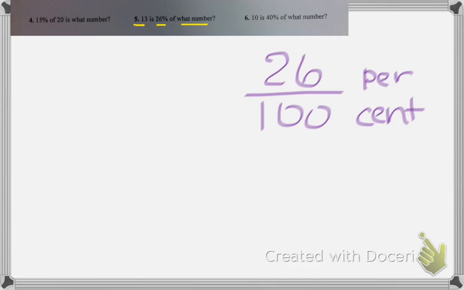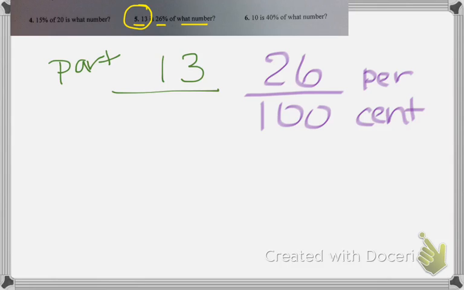Then it says 13 is 26%. So if they're telling you that this number 13 right here is a percentage, then they're telling you it's not the whole thing. That's how you know that 13 is the part. So 13 goes in the part spot. And then we're going to identify that as the part.